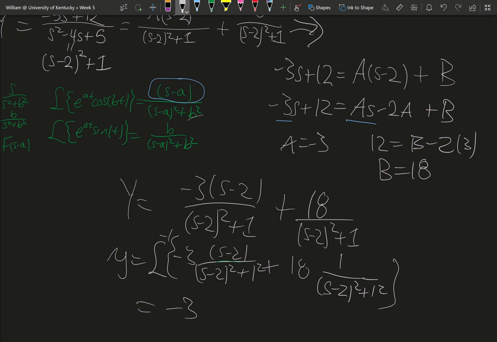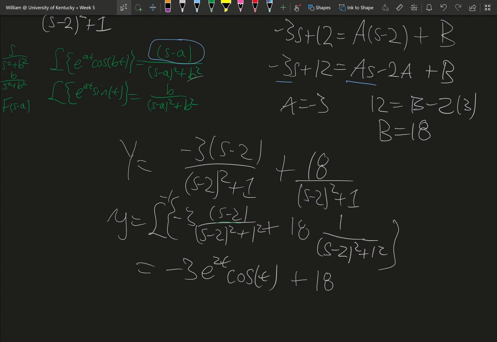It means we have e to the 2t times our cosine of t, and then plus 18 times e to the 2t sine of t. And that is going to be our final answer.